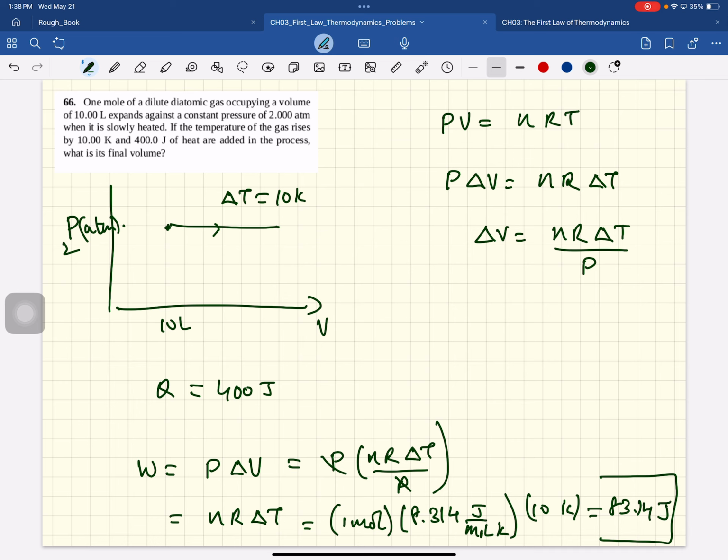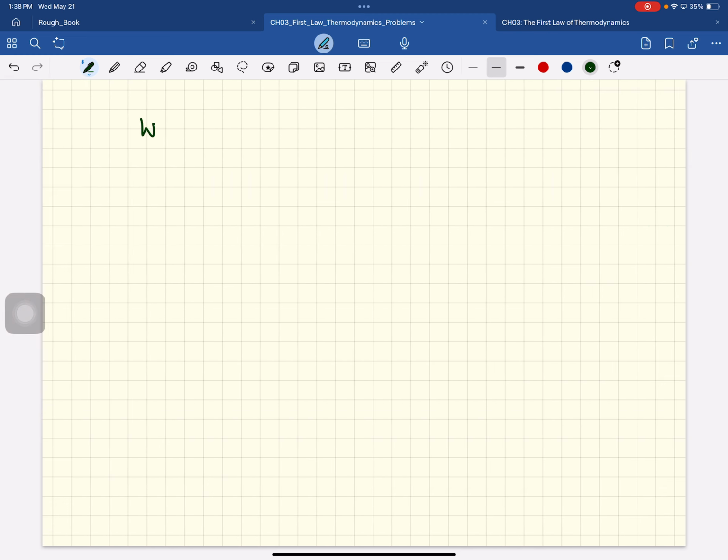What is the final volume? Okay, so now we can go back and calculate the final volume. The work done is also equal to P times V final minus V initial.